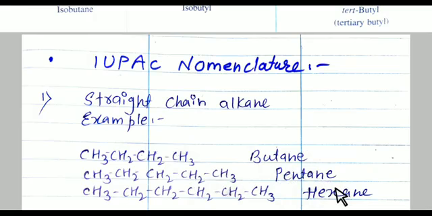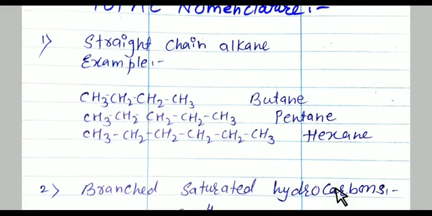There is no use of iso, secondary, tertiary, neo. This n, iso, secondary, tertiary and neo you have to use in the common name only. In the IUPAC name there is no use of n, iso, secondary, tertiary and neo. So this is the simple name of straight chain alkane.